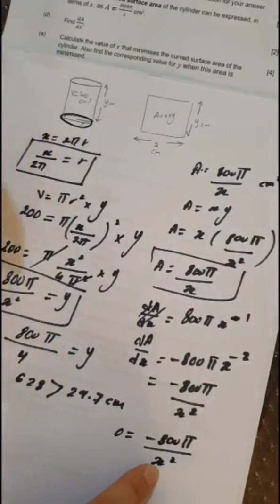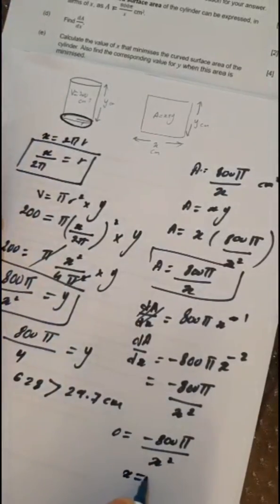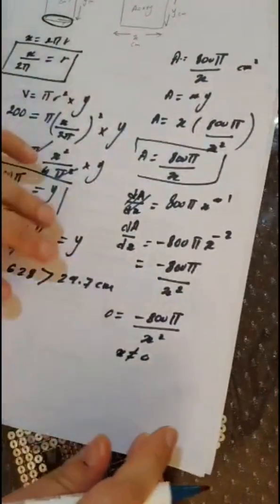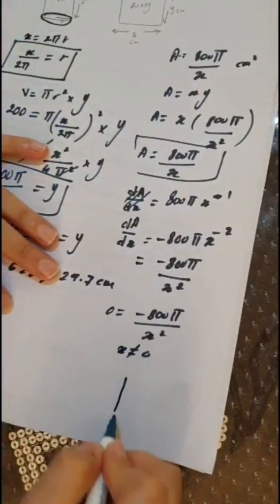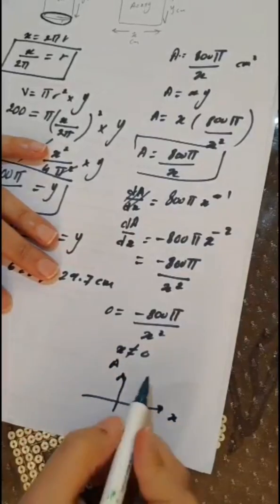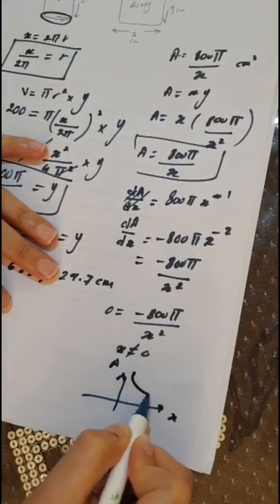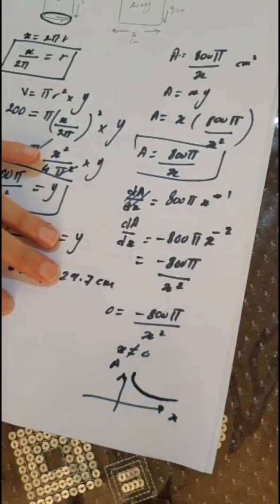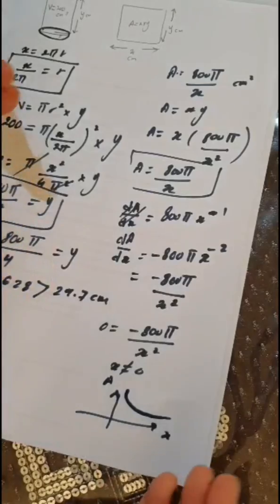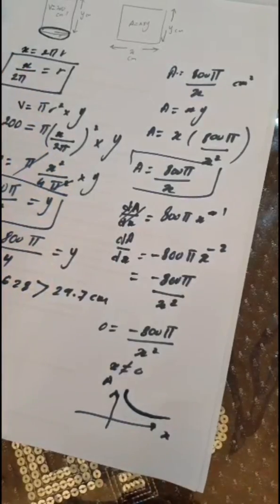So in this case, I can't say x equal to 0. If I want to sketch this one to describe my situation, there is a relation here: A will decrease when x increases. Okay, so in this case, I can't find x equal to 0. So x in this case can't equal 0.